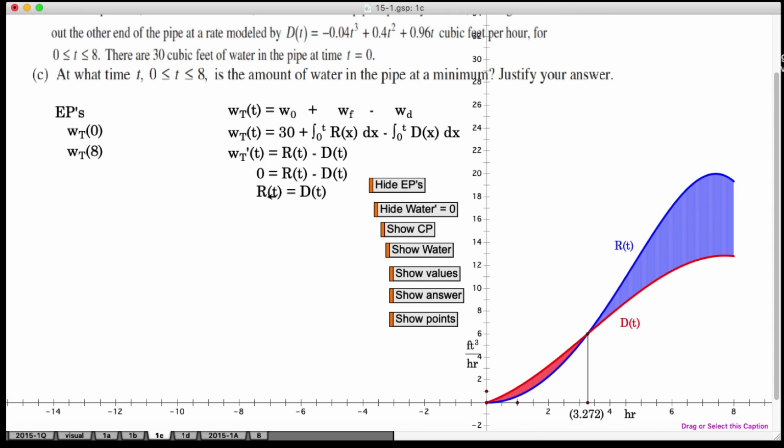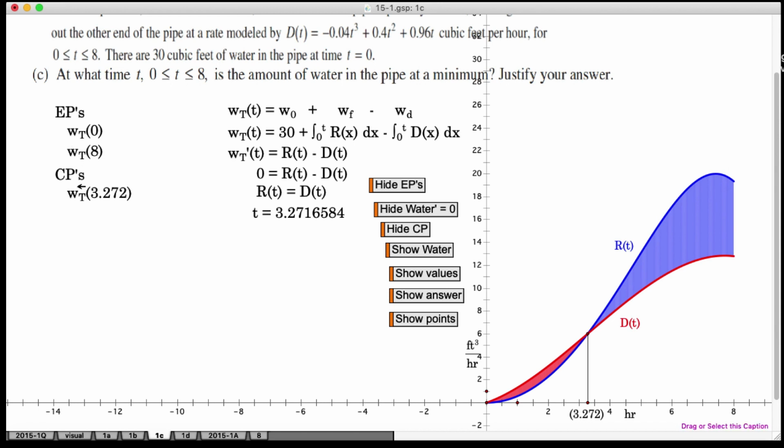And so R of t equals D of t would be the intersection of these two curves. So we just do the intersection of these two curves on our calculator, and that would be the critical point. These two curves intersect at this point right here, and we only have one critical point, and that's at t equals 3.272.